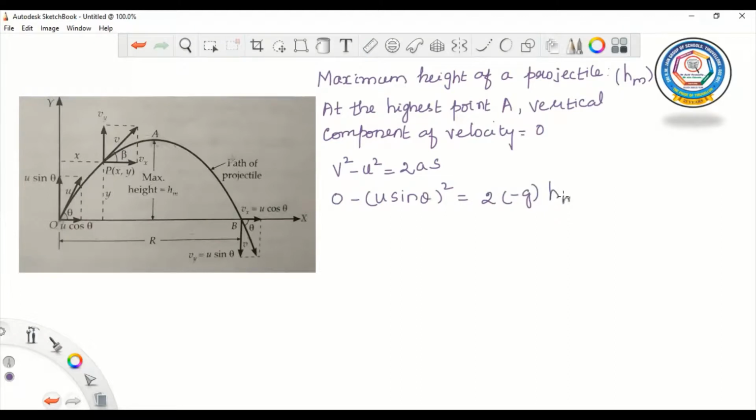So what will you get here? Minus u square sine square theta is equal to minus 2g h max. Negative sign gets cancelled. So you will get h max is equal to u square sine square theta divided by 2g.